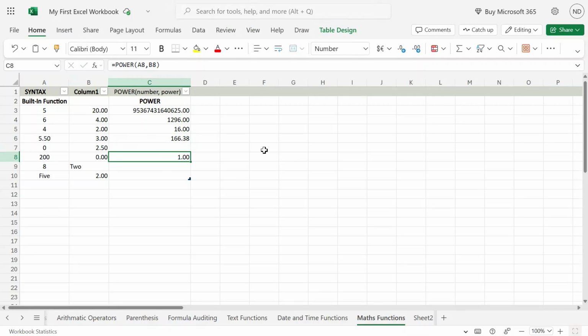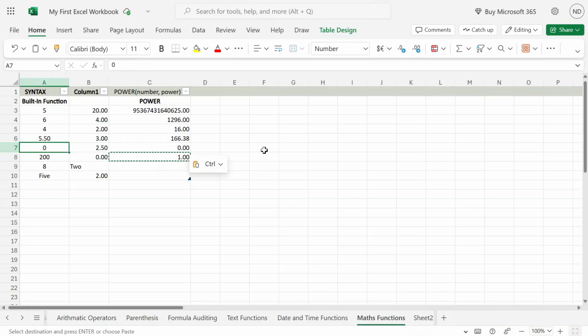Suppose I do it for 0. I want 0 in the number, but the power is something, it will give me 0 because 0 into something will always be 0. So you need to check these scenarios. I guess I was able to make this clear.